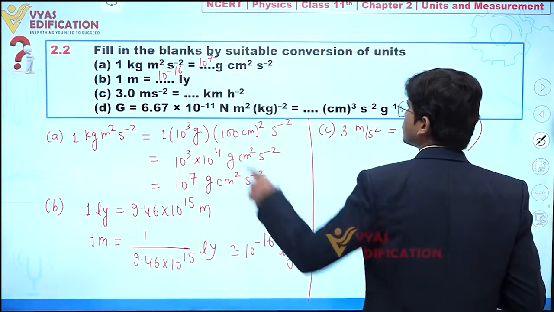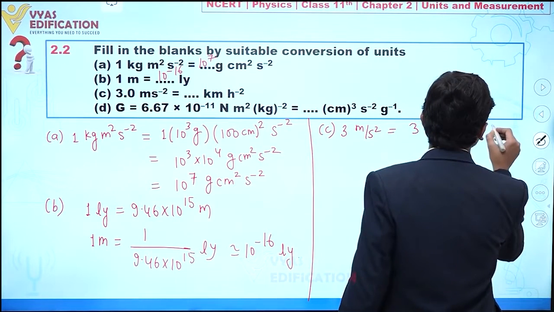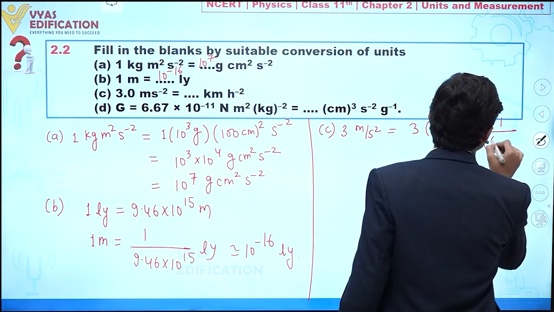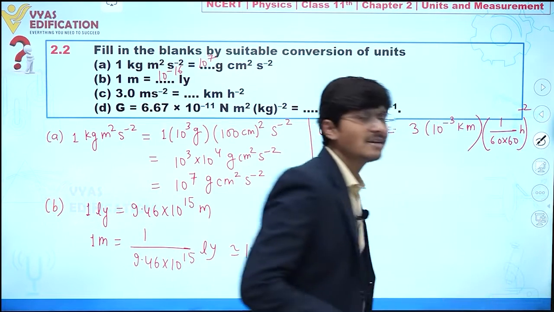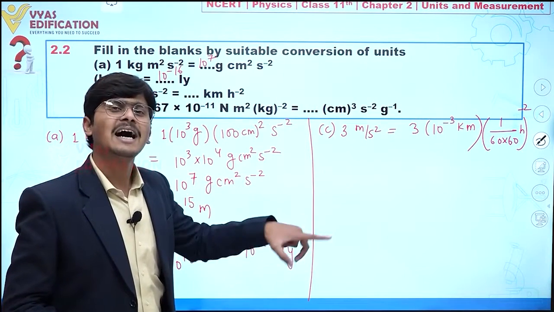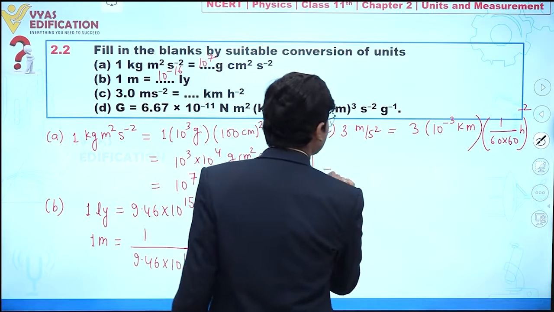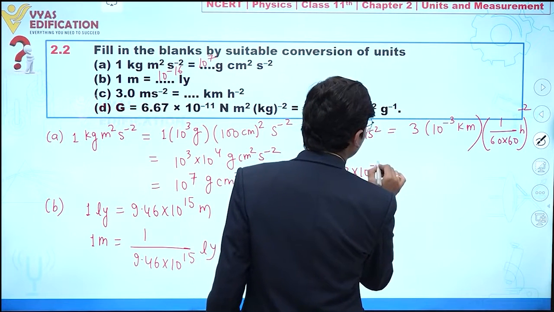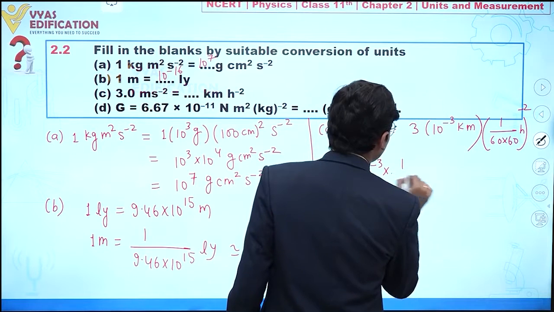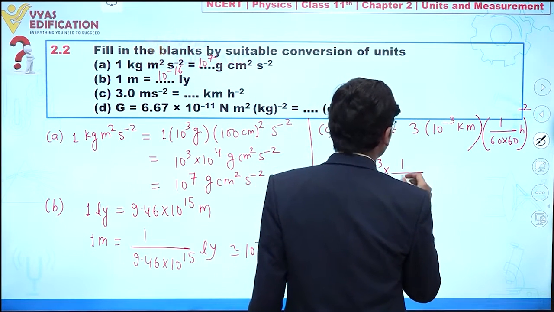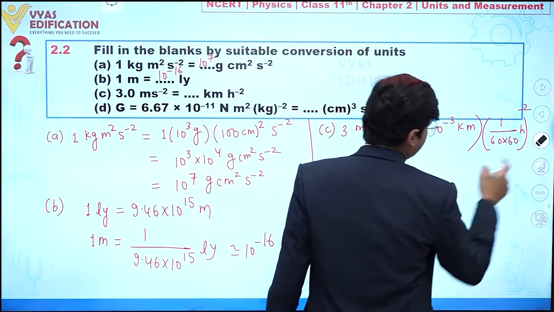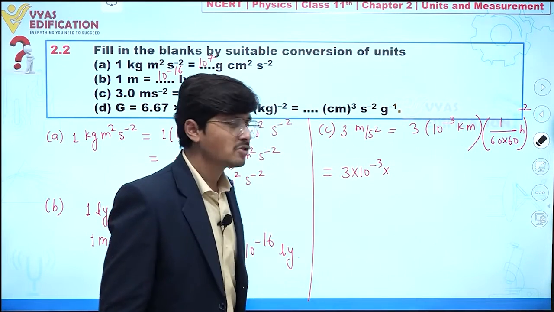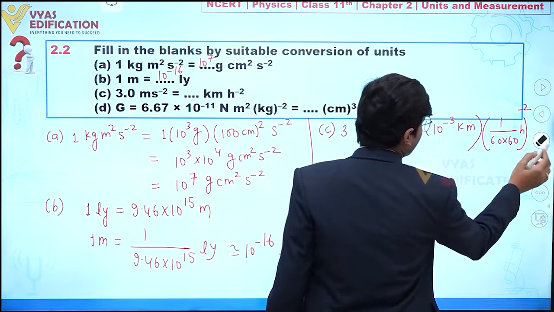And because this is s power minus 2 here, we write 1 upon 60 into 60, this is hour power minus 2. I converted second into hour. So now we can write this as 3 into 10 to the power minus 3 multiplied by 1 upon, since this is power minus 2, we can write it in terms of power 2.